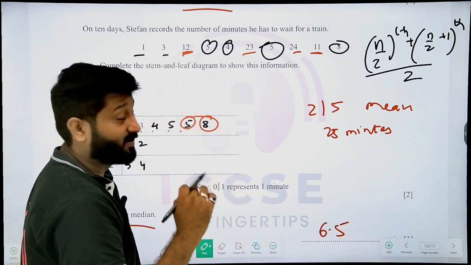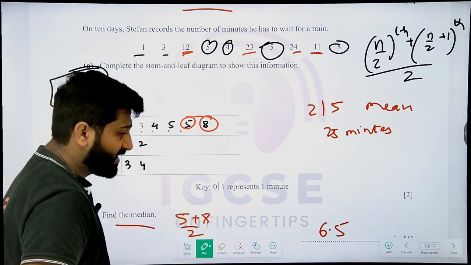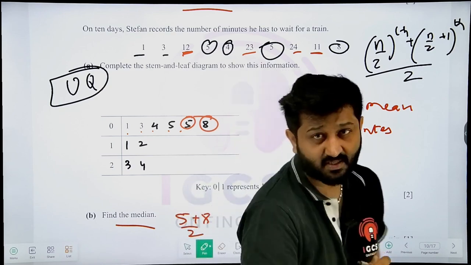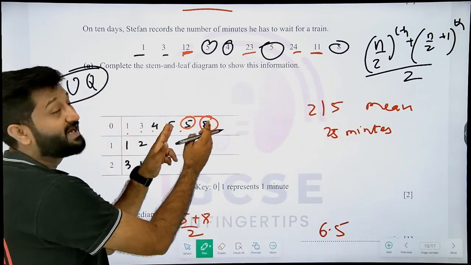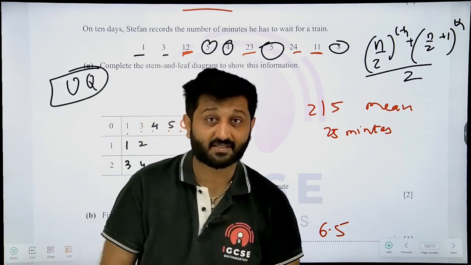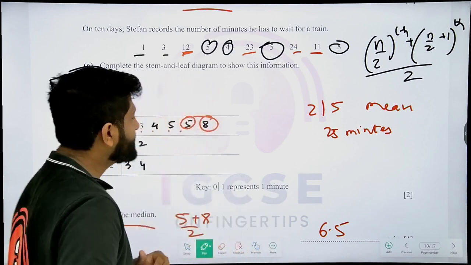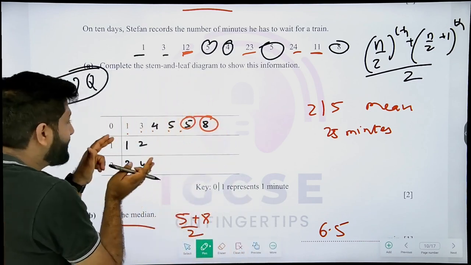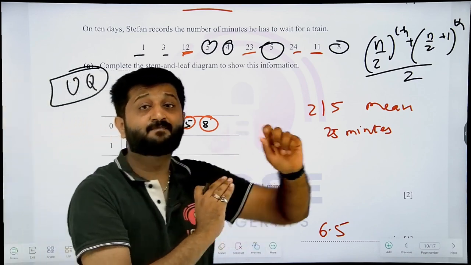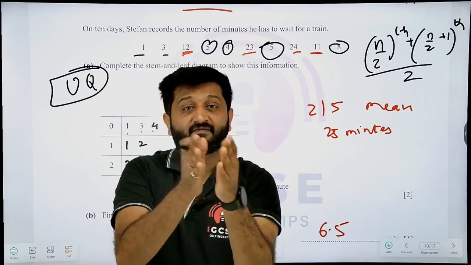Now guys, sometimes they also ask you to find the upper quartile. That has been asked in one of the papers. In order to find the upper quartile, let's say this is my median. What does the upper quartile represent? Upper quartile represents the 75th percentile. As I have already found the median first, I'll take the median of the data above the median.